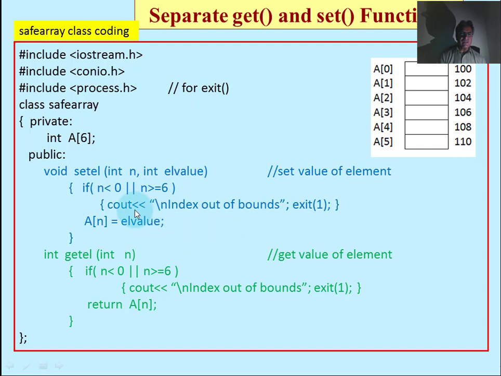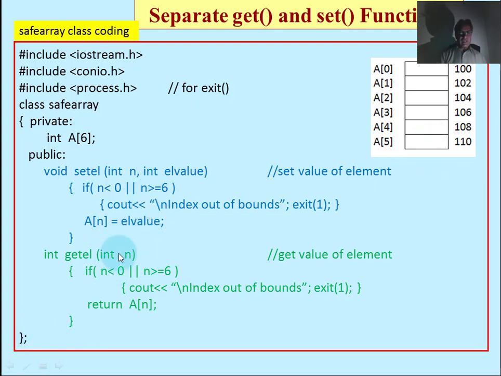This will not execute because the condition has been false, and the element value which we are going to insert into the array will be inserted at that index, A of 2 or A of 3. N is 2, so at the A of 2 location, the corresponding value will be stored, and if n is 5, at the A of 5 location, the corresponding EL value will be stored here.